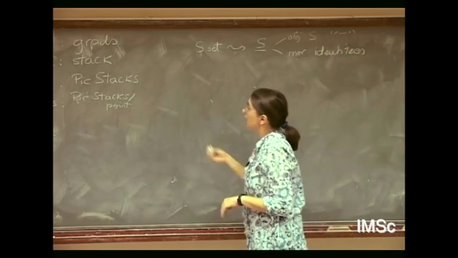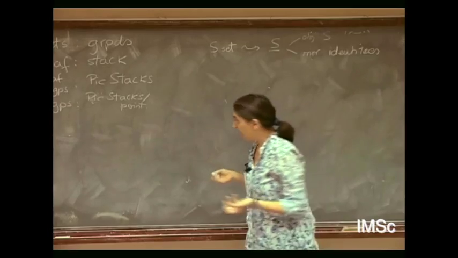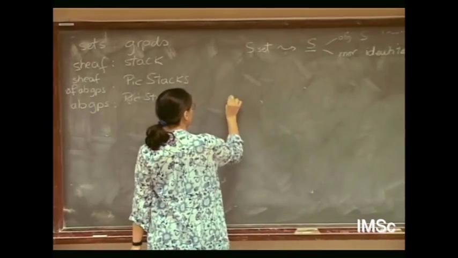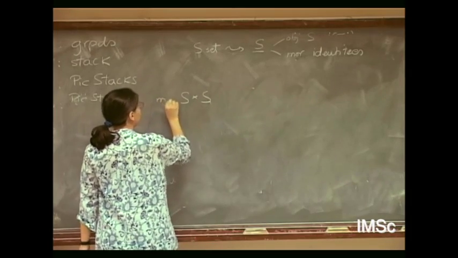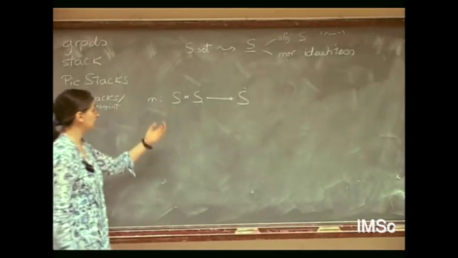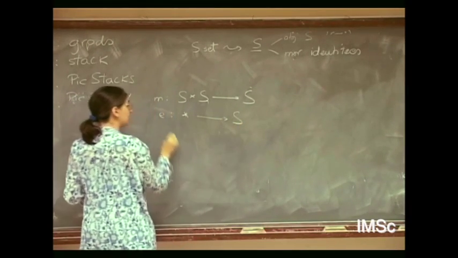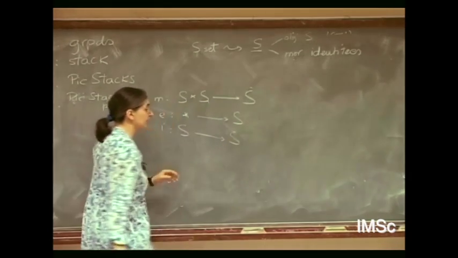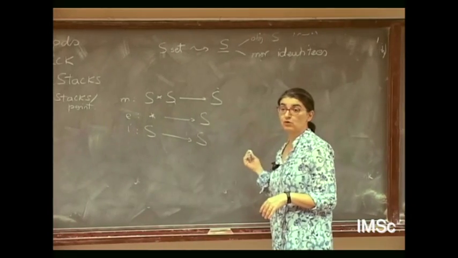So how do I say that a set is a group? Well, we all know the definition. To say that the set is a group means that you have a multiplication map from S cross S to S, an identity element from a point to S, and an inverse from S to S, such that a number of diagrams commute.